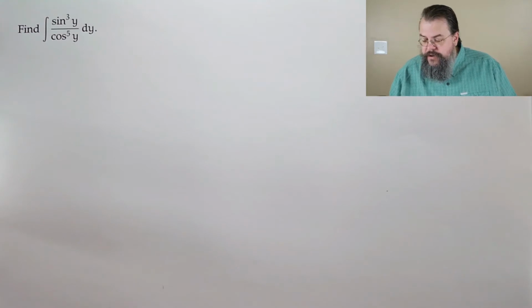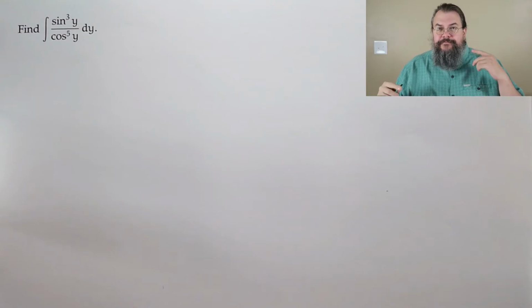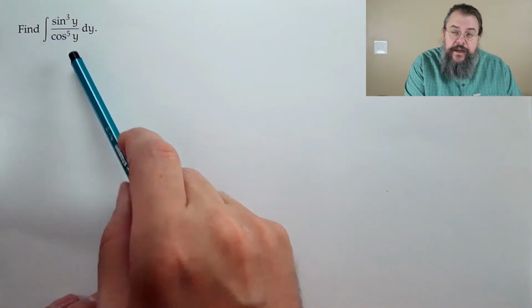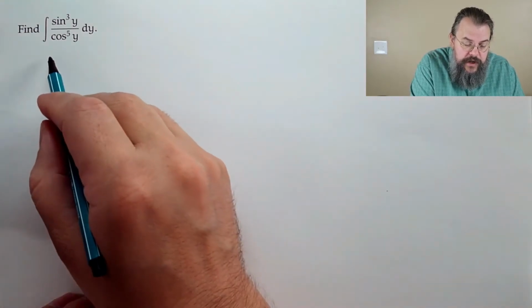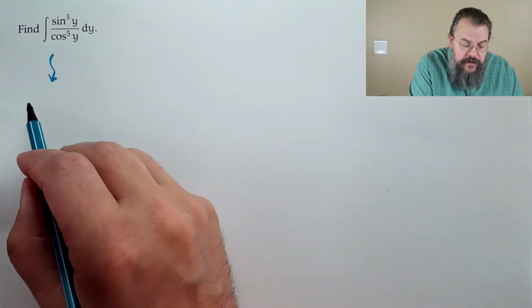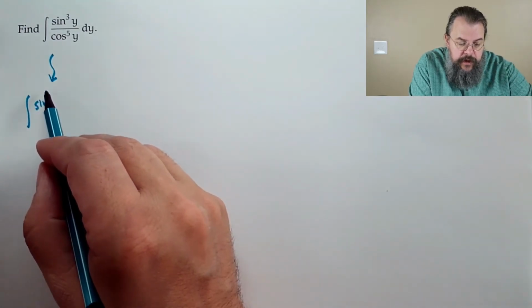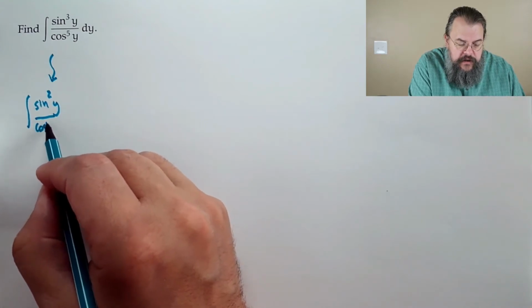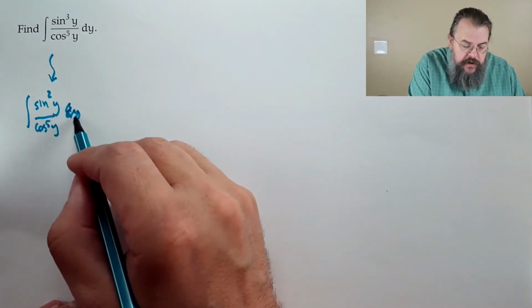Okay, so let's do maybe the one that seems the more straightforward one, which is, hey, I see a sine cubed y. Let's pull a sine y out. So we could do the following. We could think of this as the integral of sine squared y over cosine to the 5th y, oh, whoops, times sine of y.